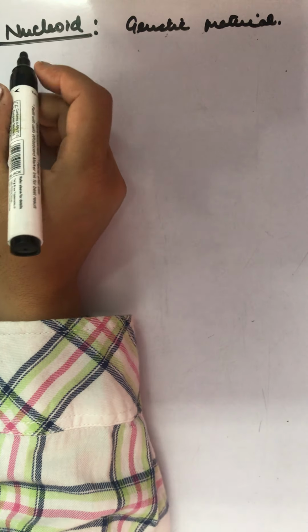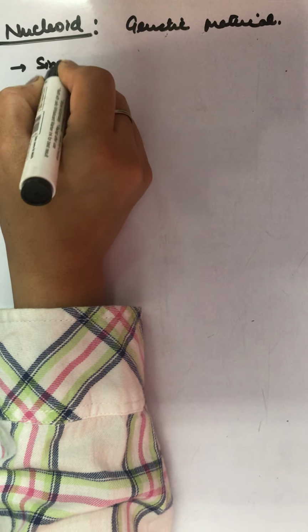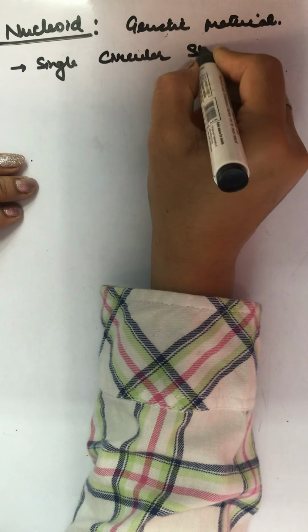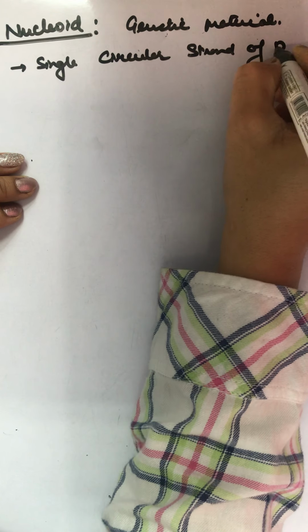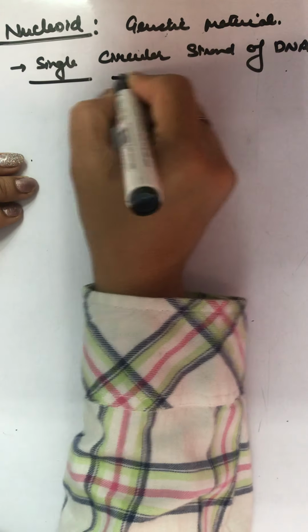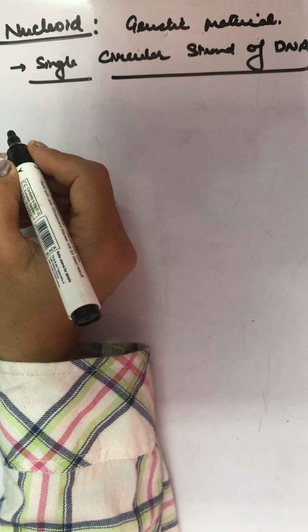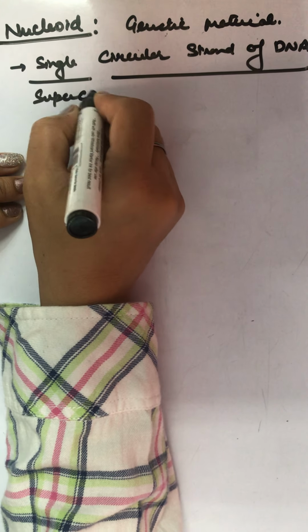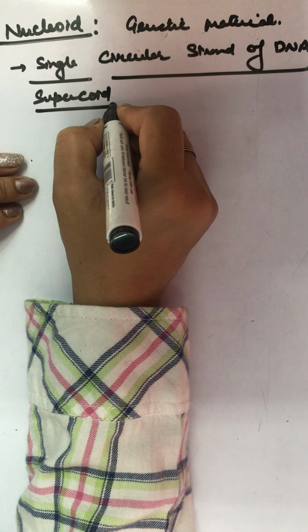This consists of a single circular strand of DNA which is supercoiled. How?